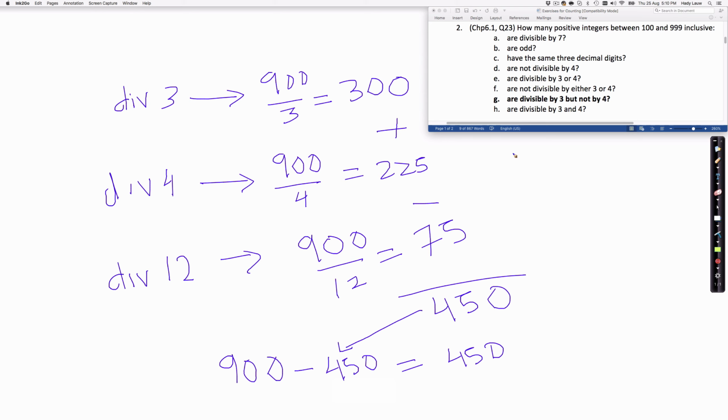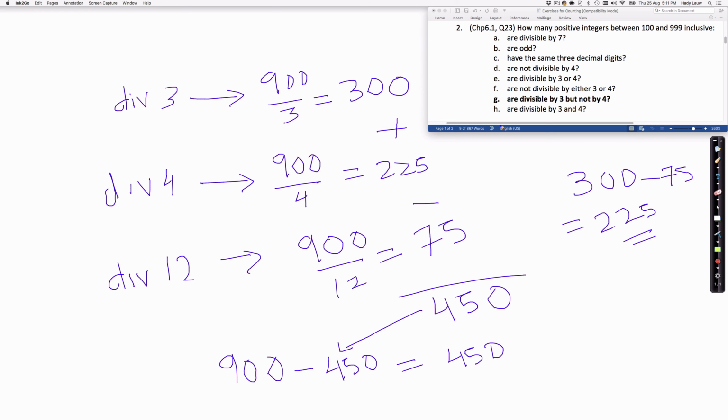So we need to minus off within this 300 those that are also divisible by 4. These are the numbers that are divisible by 12, which is 75. So we exclude this from the 300, and we get 225. So this is 2G.